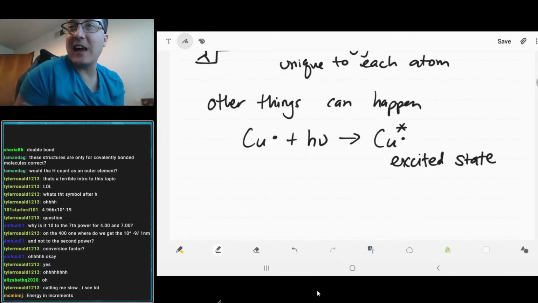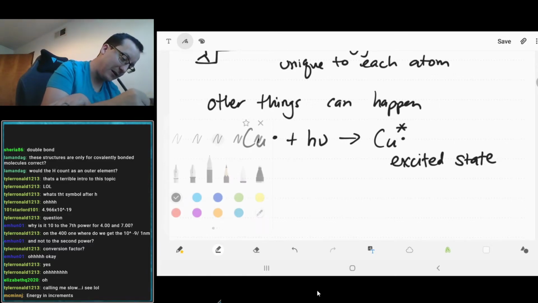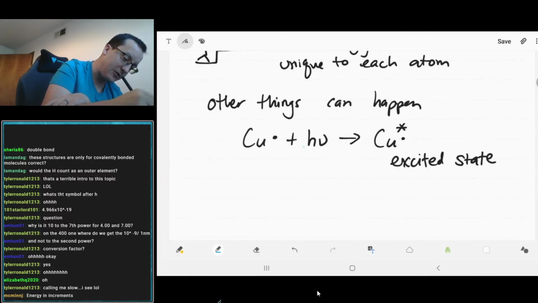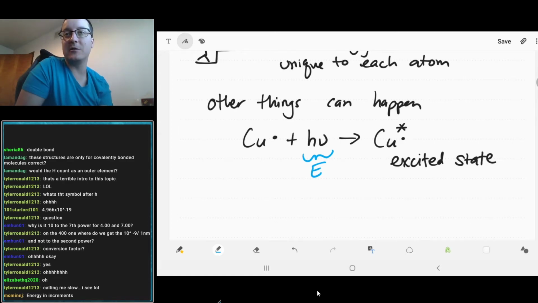So instead of kicking out the electron, it might just excite the electron instead. So if we give it more energy, remember this little bit here, h nu is energy. We're just giving it more energy. So now it is a more energetic copper atom.